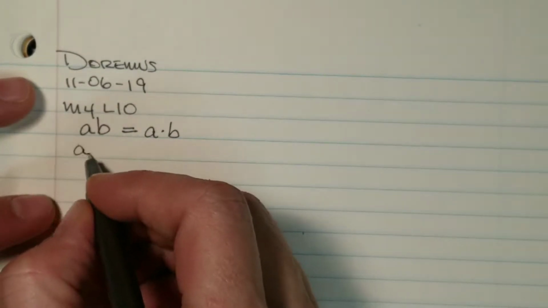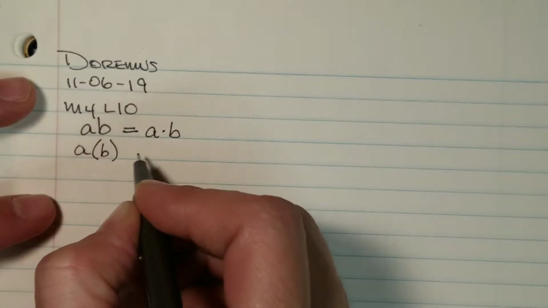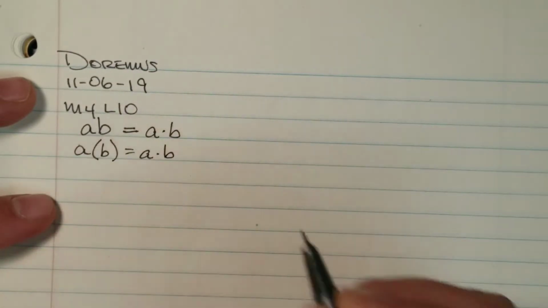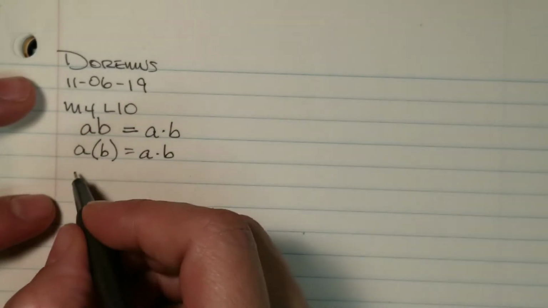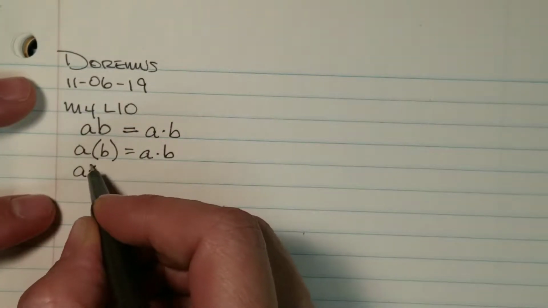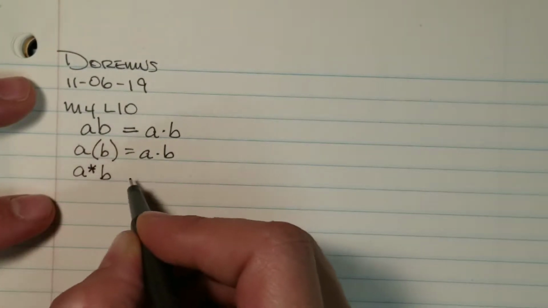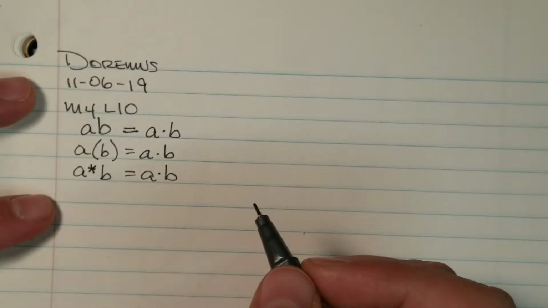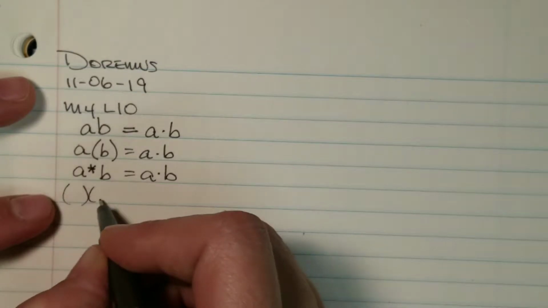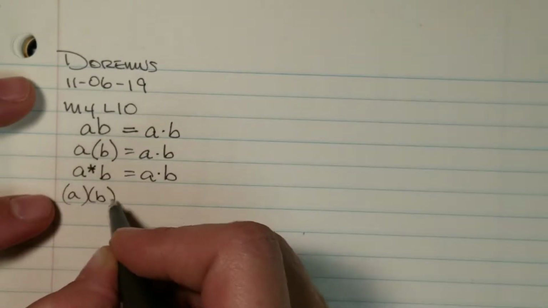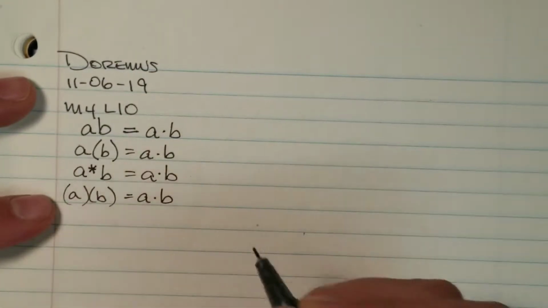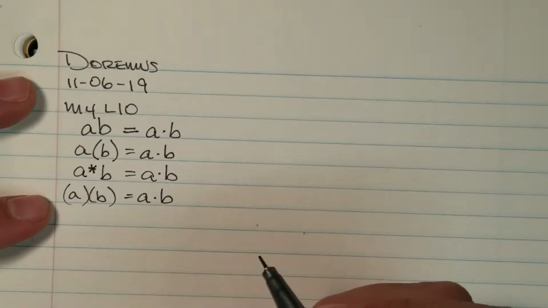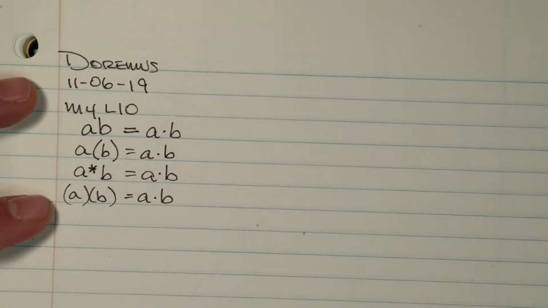Also, something next to parentheses is also going to mean multiply. If you see something with a star in between, that also means multiply. Even parentheses just next to each other also means to multiply. Okay? Those are good things to know.